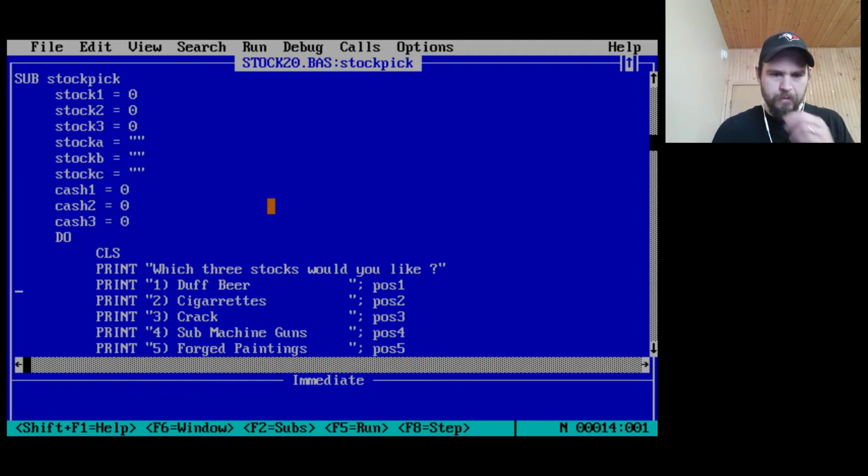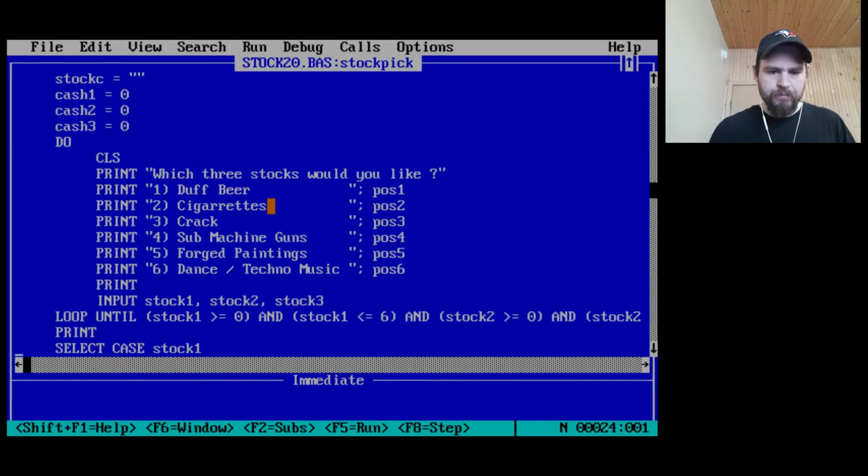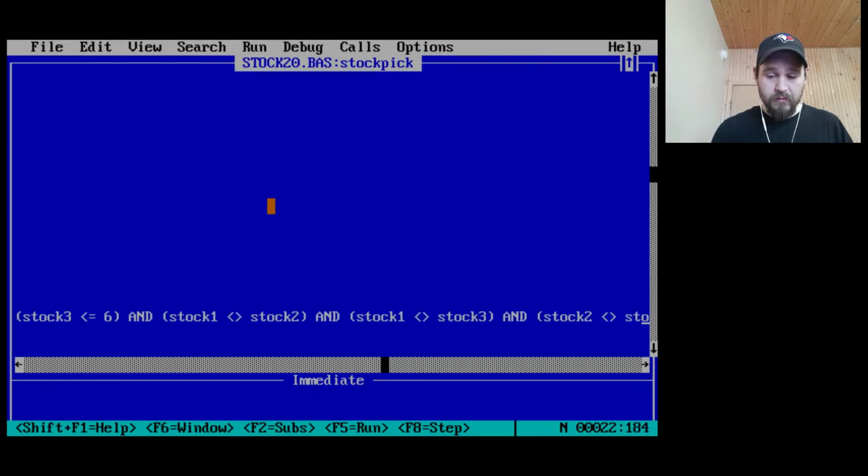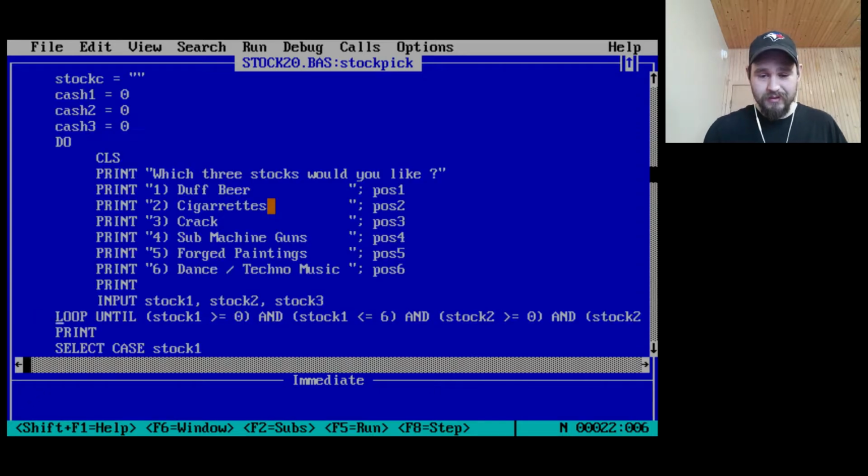Let's see what those are. Oh boy. Okay, so we ask for 3 inputs of stock, and we loop until stock 1 has to be greater than 0 and less than or equal to 6.